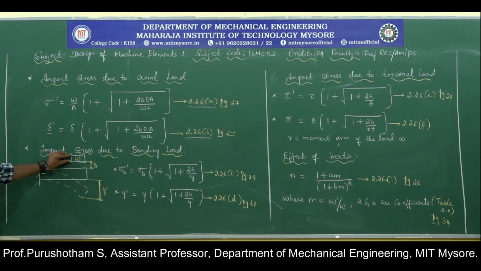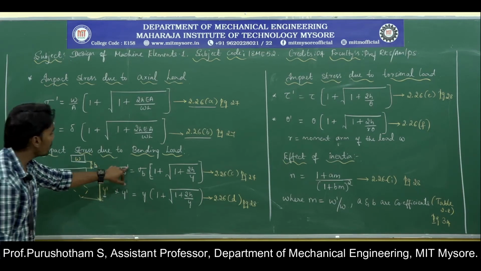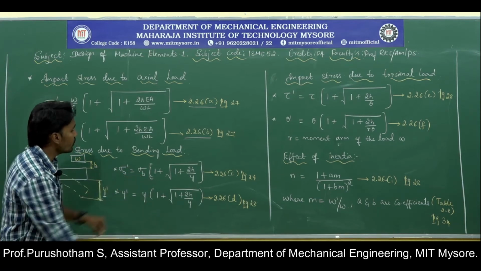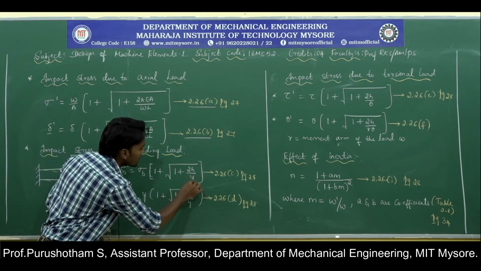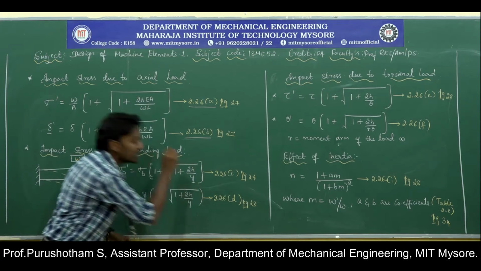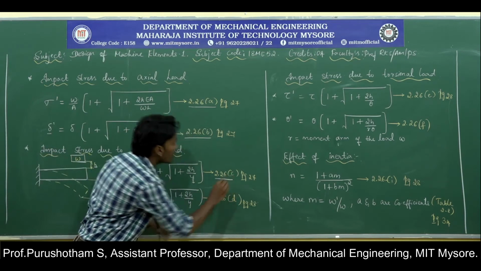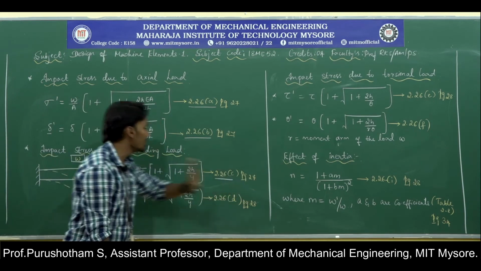Due to the falling or dropping of weight W from the height h, the beam is subjected to a deflection called y dash, that is the instantaneous deflection due to the impact load W. Based on this, if you derive the equation, the impact stress due to bending load is given by sigma b dash, which is equal to sigma b times 1 plus square root of 1 plus 2h by y, where h is the height of fall and y is the deflection due to the static load. This is also available in the data handbook, equation number 2.26c, page number 27.